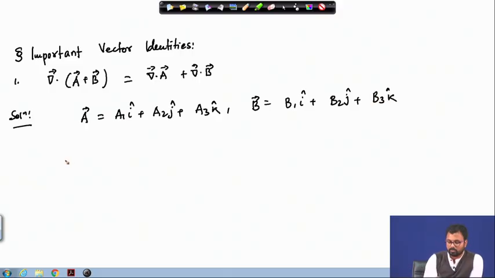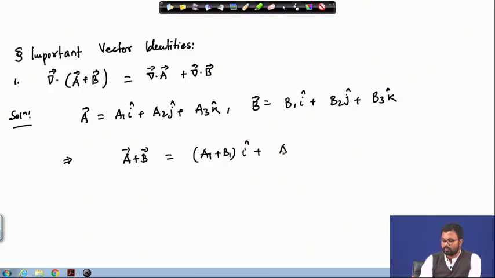So, when we talk about a plus b, that means we will sum the components. So, (a1 plus b1) times i, (a2 plus b2) times j and (a3 plus b3) times k.